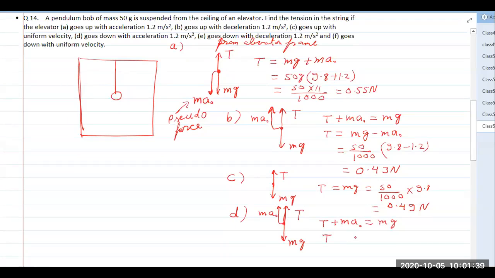So T was mg minus m a naught. We are going to get the same result as before, 0.43 Newton. If the lift starts going downward with some acceleration, then also the string will become a little bit lighter. The string will feel lesser tensile force.